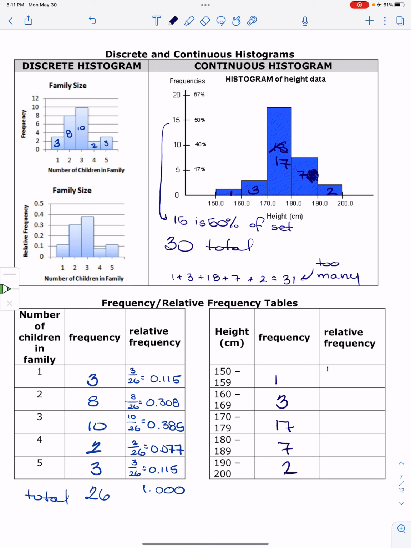Again, for the relative frequencies, 1 out of 30 is 0.033. 3 out of 30 is 0.100. 17 out of 30, 0.567. 7 out of 30, 0.233. And 2 out of 30, 0.067.